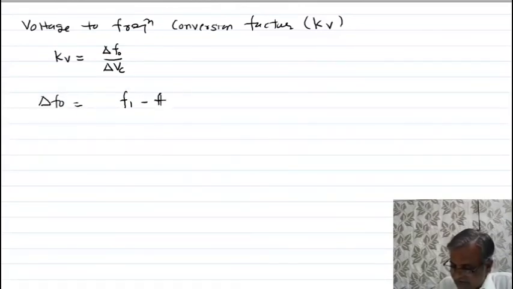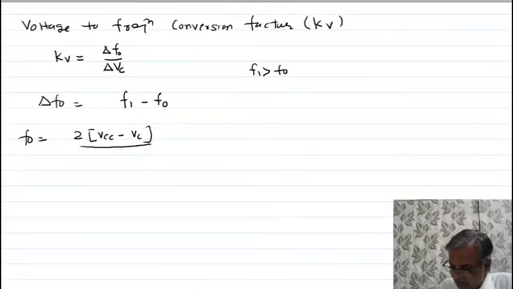F1 minus F0, F1 is greater than F0. Here F0 I can write as 2 VCC minus VC upon RT CT VCC, and F1 is nothing but the frequency due to the changed modulating voltage.